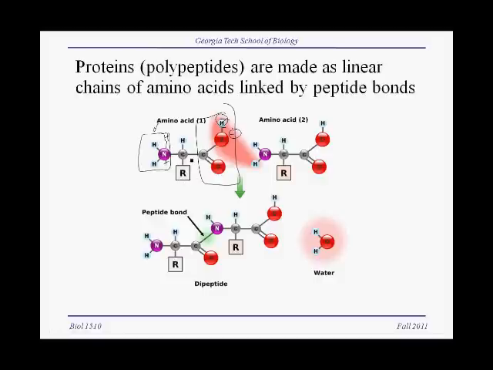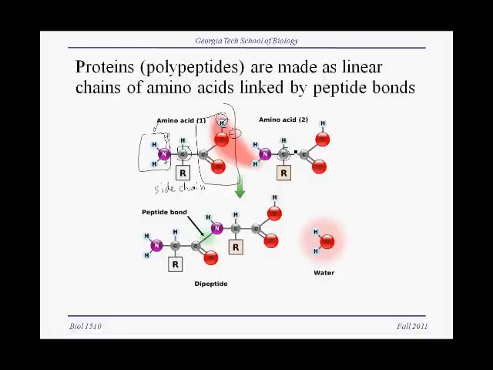The R in this box stands for what's called a side chain. Each of the 20 different amino acids has a different configuration of functional groups in the side chain, which gives them different properties, as I'll explain. Okay. So we have the amino group and the carboxylic acid group, and then we have a carbon in the middle.